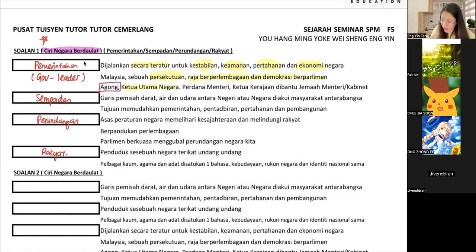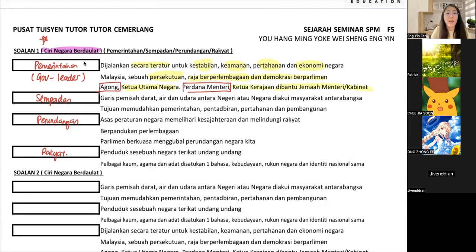And then I explained that Malaysia has another leader, PM, Prime Minister. But to be honest, the Prime Minister is not able to manage every single thing in the government. That's why dibantu oleh jemaah menteri, which is the cabinet members, or the ministers from different departments here.